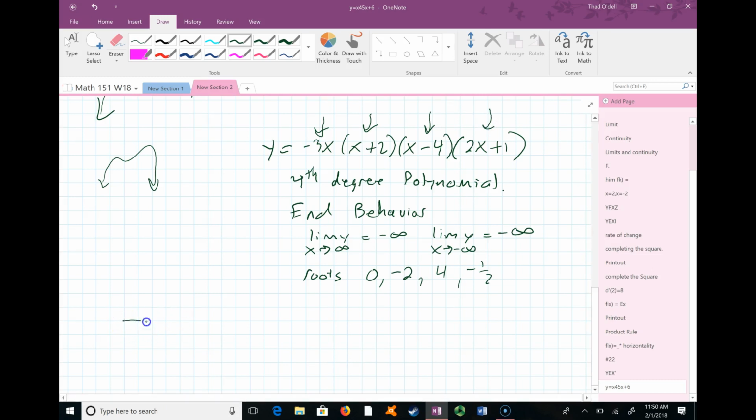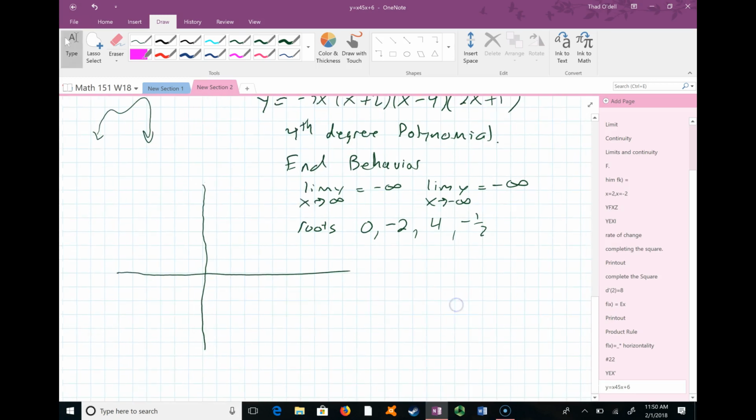So then when we go to graph this thing, again, I'm just drawing a rough sketch. I won't be sure about how deep or high to make the bumps and valleys, but I do know it crosses at 0, at -2, at 4, and at -1/2. I also know that I've got to be headed down on either end of it.